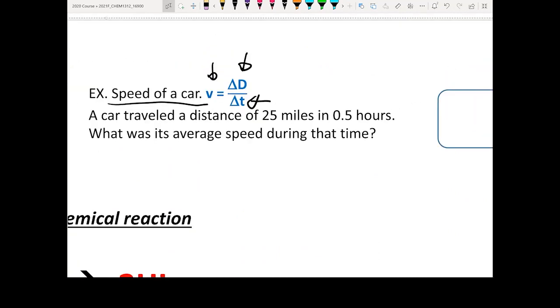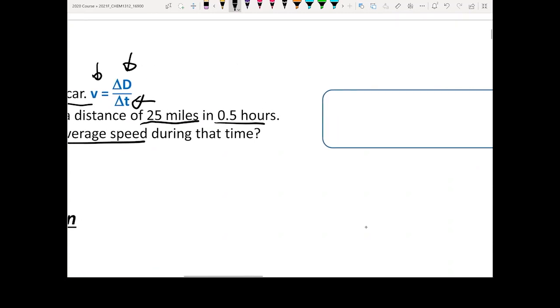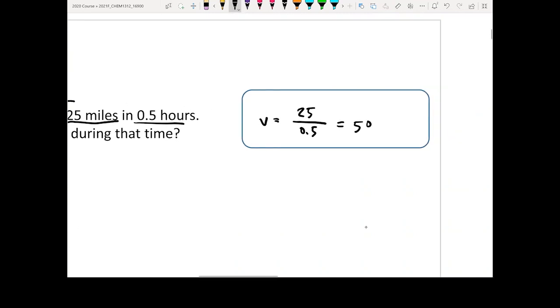If a car travels 25 miles in 0.5 hours, what is the average speed? The average speed will simply be the change of distance, 25 miles, over the time, 0.5 hours, right? So we know the speed is 50 miles per hour. It's a very simple concept, okay?